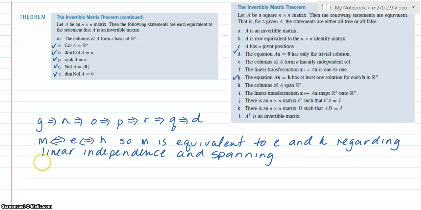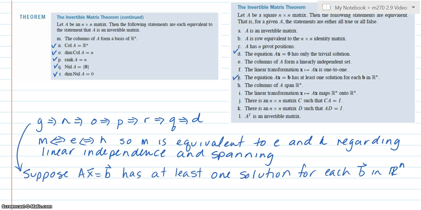So let's start with G. I've kind of already said this in words, but let's do it in writing. Suppose exactly what G says: Ax equals b has at least one solution for each b in Rn, where we let A be an n by n matrix.